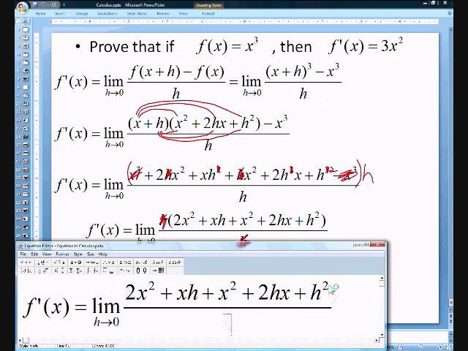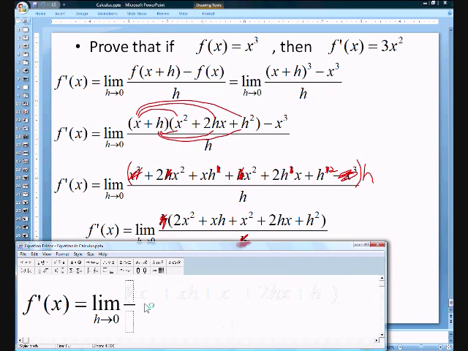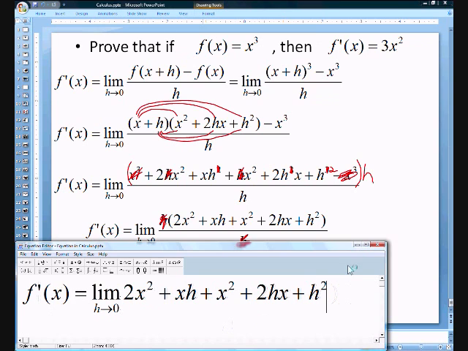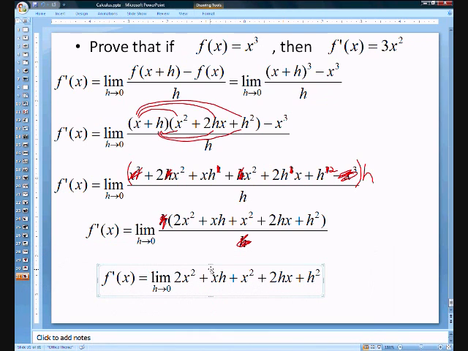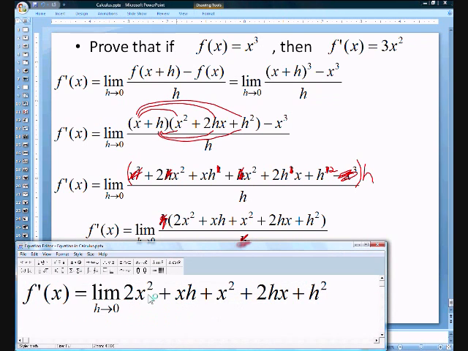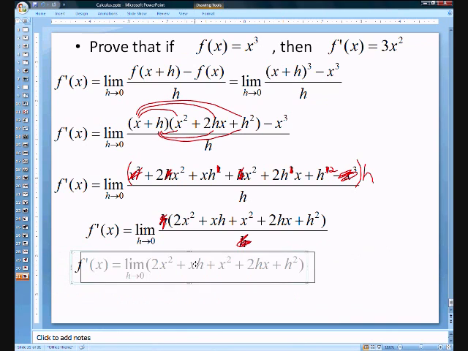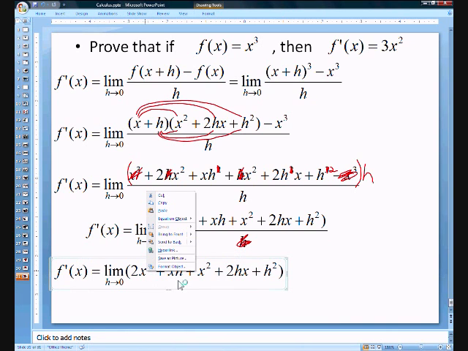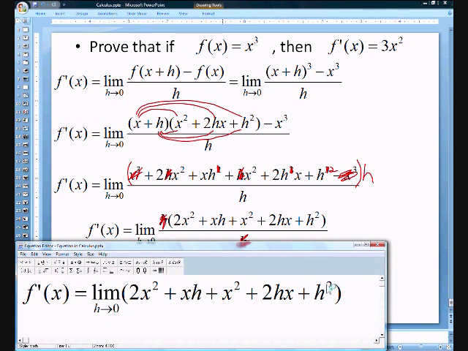Ooh, have to cut this out of there. So now we can plug h in, now that this is a polynomial and it's within the domain as h approaches 0. So we can just plug it in now.